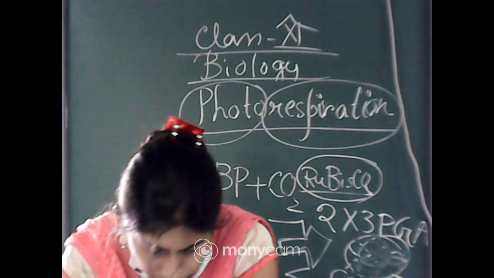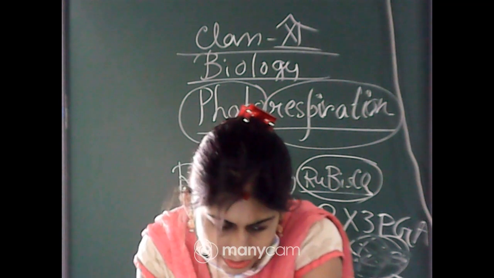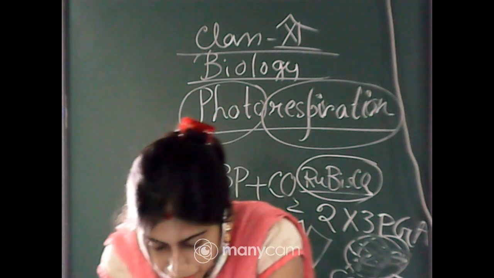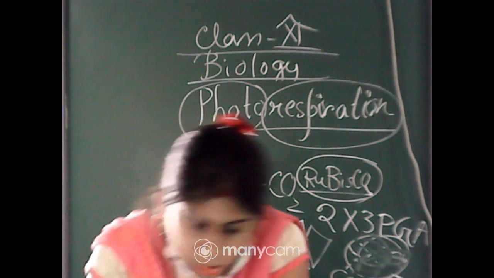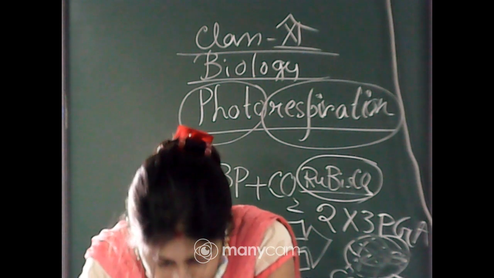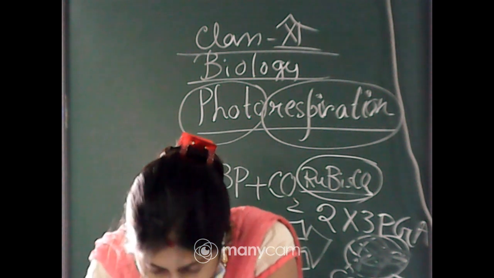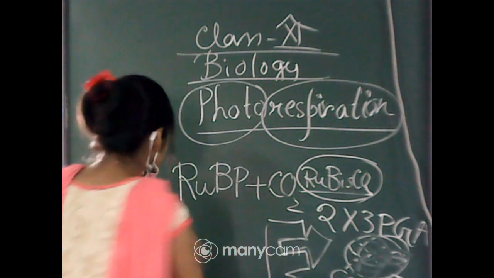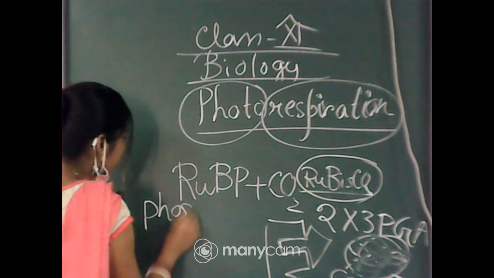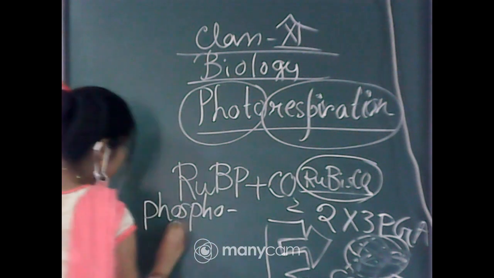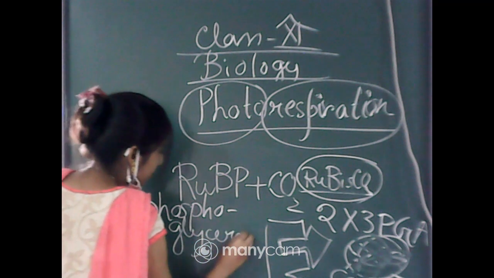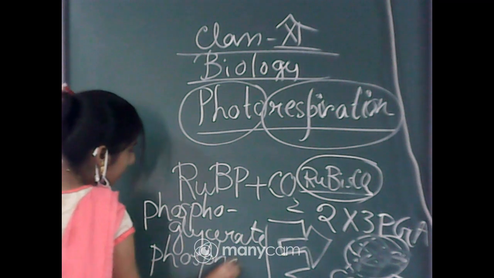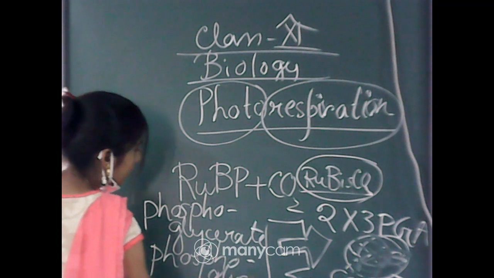Now if oxygen binds, then the product will also be different. RuBP, instead of being converted into 2 molecules of PGA, binds with oxygen to form one molecule of phosphoglycerate and one of phosphoglycolate. So what molecules will be formed? Phosphoglycerate and phosphoglycolate.